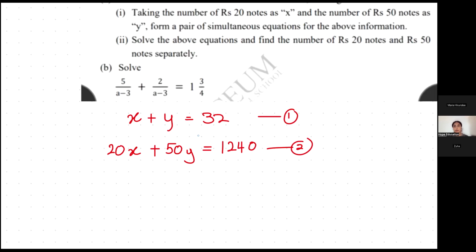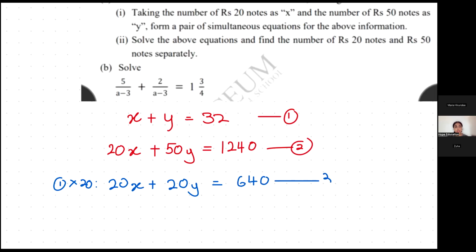I will make the 20 common. For that, I take equation number 1 and I multiply it by 20. So 20 multiplied by x is 20x, plus 20 multiplied by y is 20y, equals 20 multiplied by 32, which is 640.